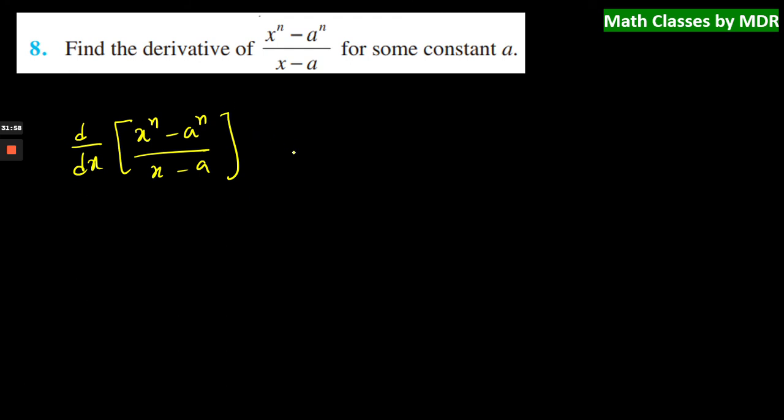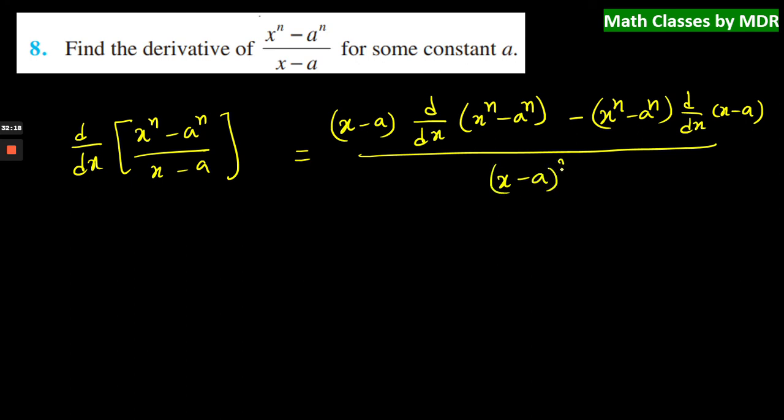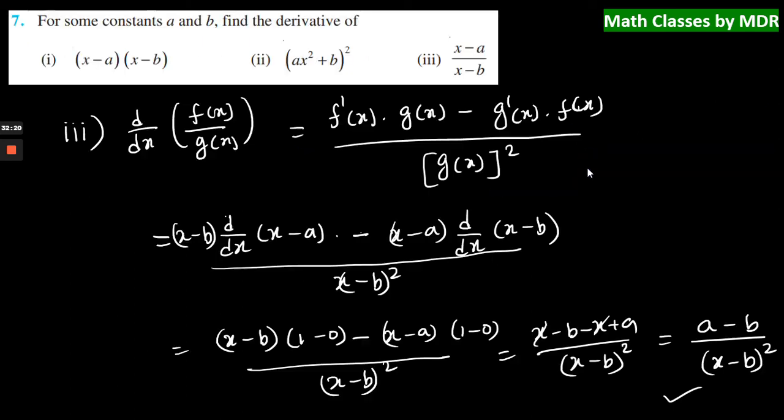Right? Now what we have to do? We have to take x minus a into d by dx of x power n minus a power n, minus x power n minus a power n into d by dx of x minus a, right, by x minus a whole square, using the quotient rule, right?